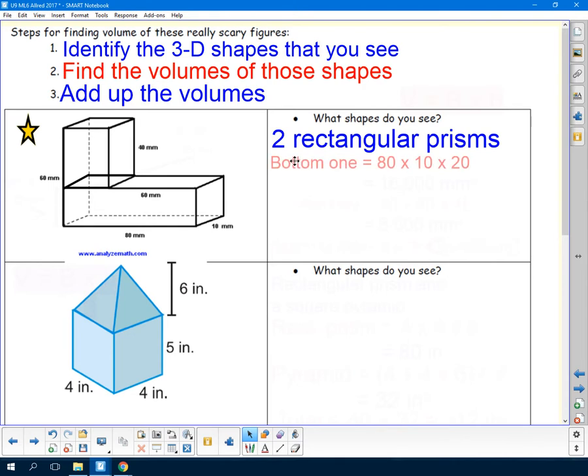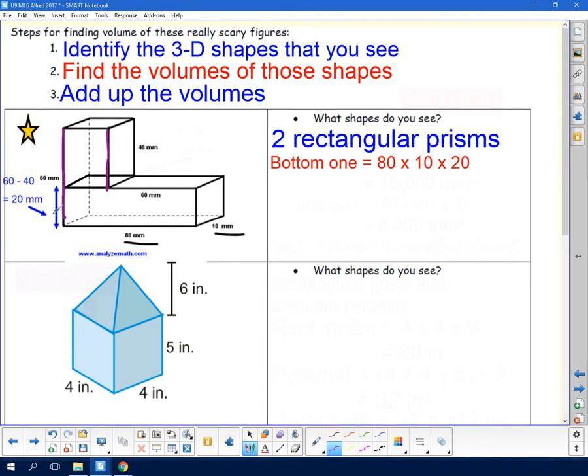To find the volume of the bottom one, I can do 80 times 10 times 20. Where do I get 20 from? I got 20 from right here. I knew this whole line was 60 millimeters all the way down it, and I knew that this part said it was 40 millimeters right here all the way down.